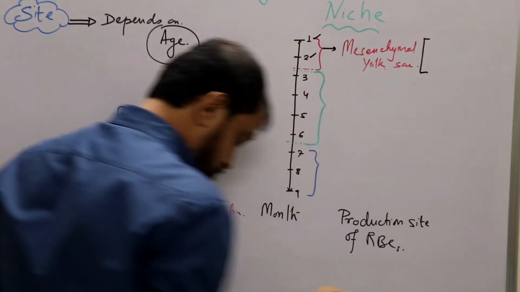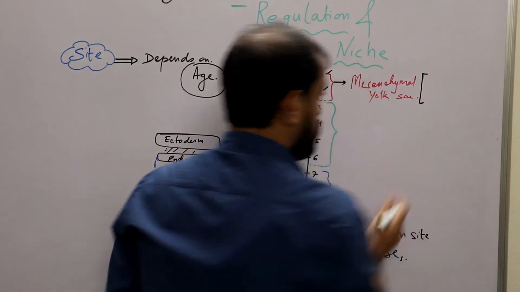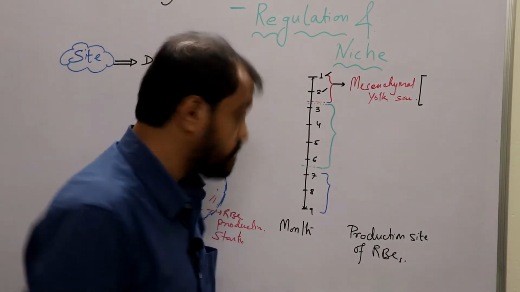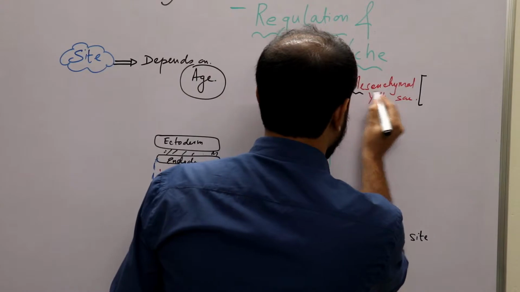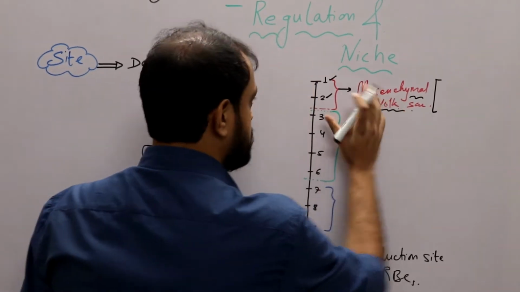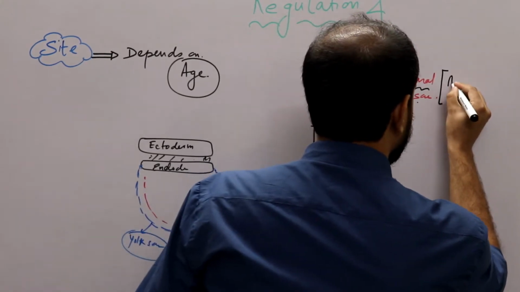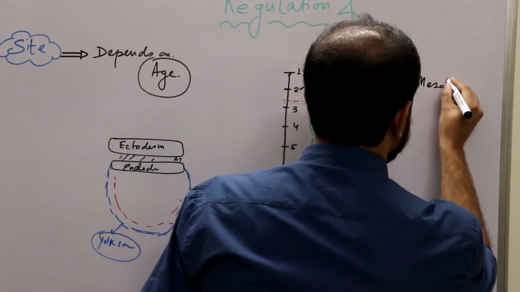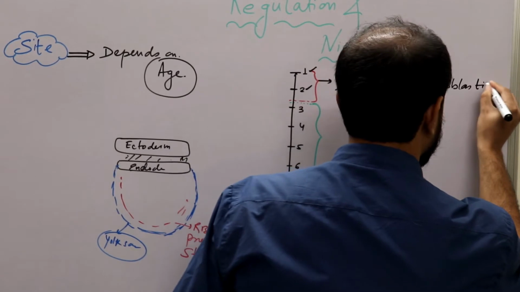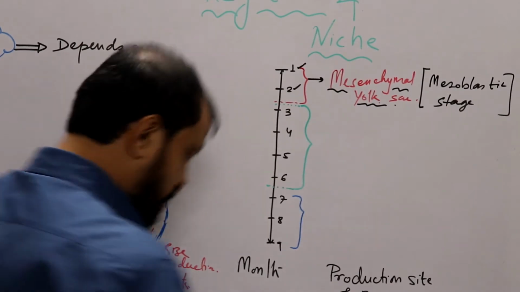When RBCs are produced from the mesenchymal yolk sac, then these 2 months, this stage, is called the mesoblastic stage. Please switch off your mobile. Yes, this is called the mesoblastic stage.